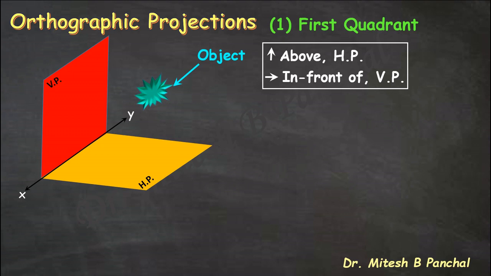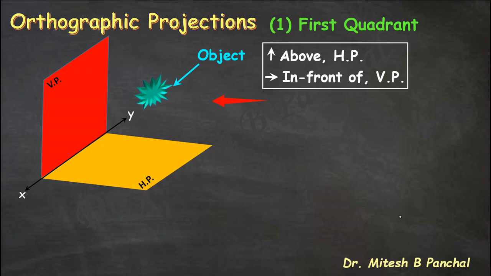Now for the front view, the viewing direction is this. For orthographic projections, we consider all the projectors perpendicular to the plane of projection. Here the plane of projection for the front view is the VP.